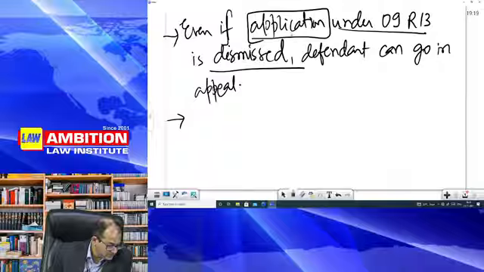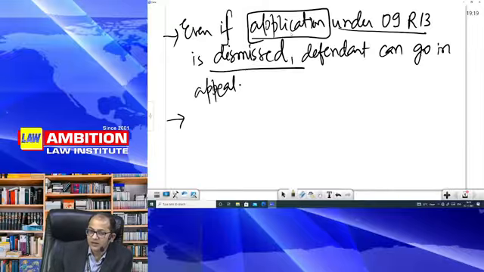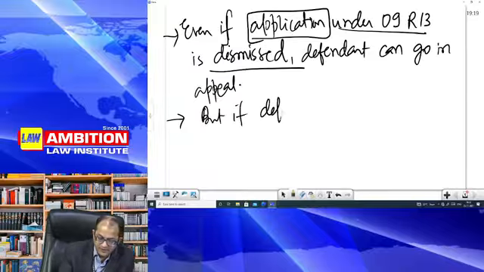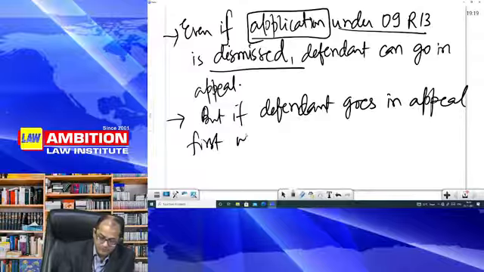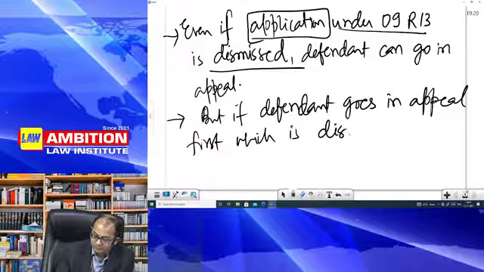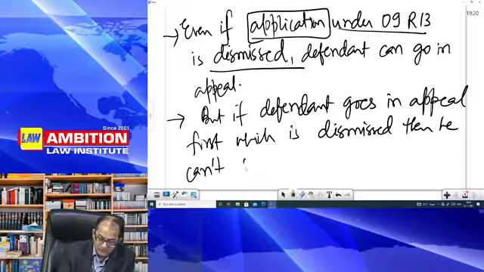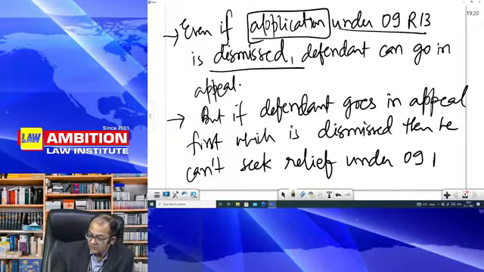Suppose a person has filed an appeal first against an ex parte decree and the appeal is dismissed. Then can he go under Order 9 Rule 13? Here the law says no. If the defendant goes in appeal first, which is dismissed, then he cannot seek relief under Order 9 Rule 13.